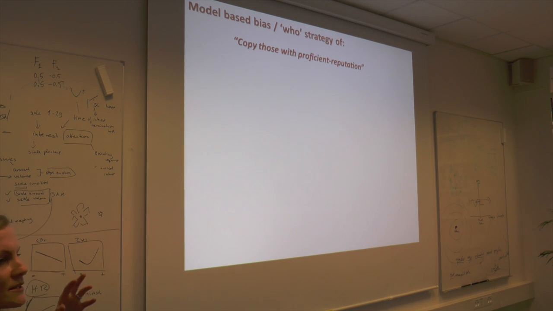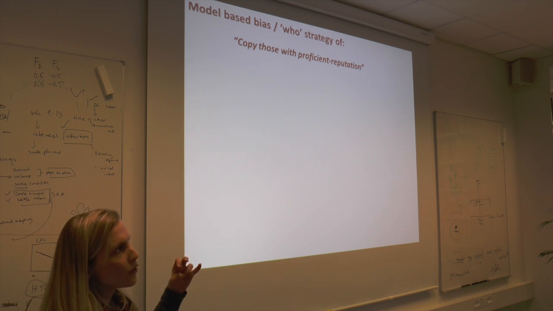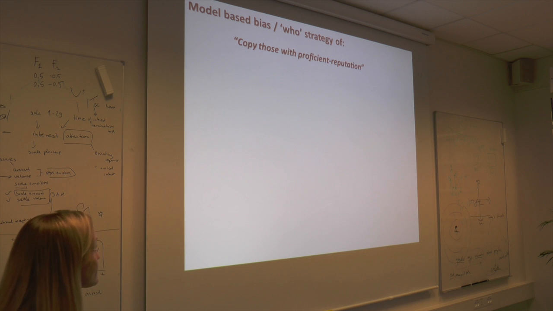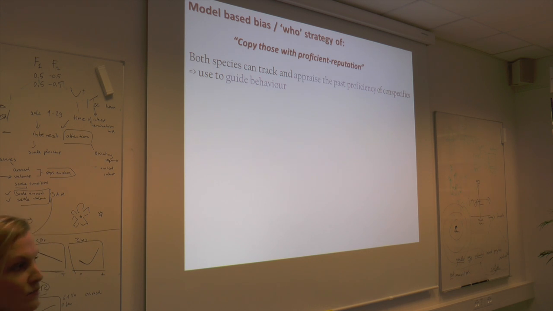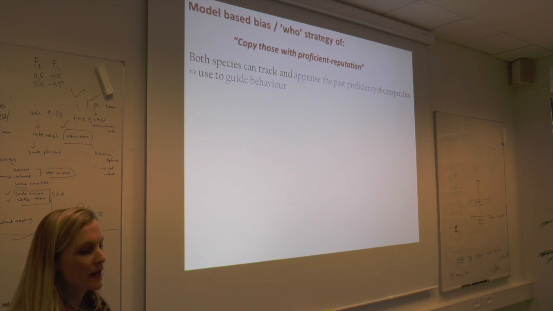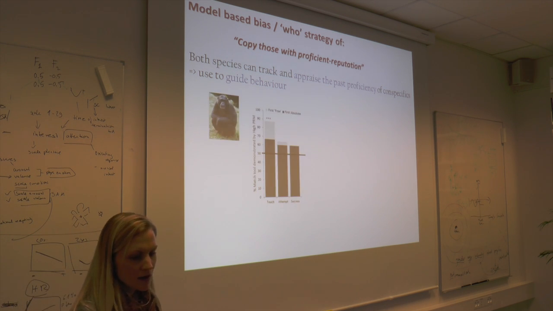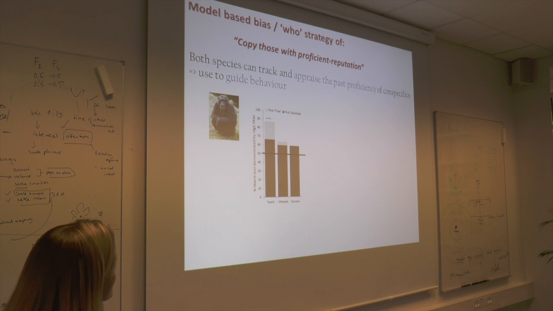So the question is, are individuals more influenced by models who have a high reputation? And the answer is, well, it seems yes. Both species can track and appraise the past proficiency of conspecifics in their group, and they can use that to guide their behaviour. So with the chimps, sorry, this is a bit small.